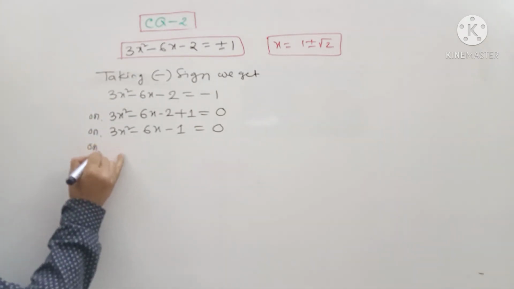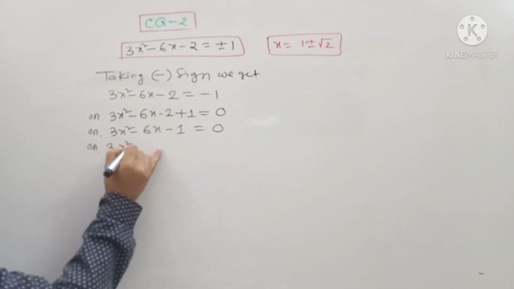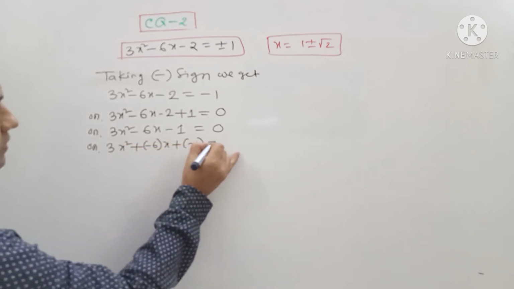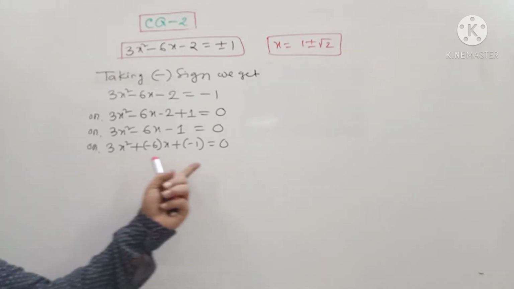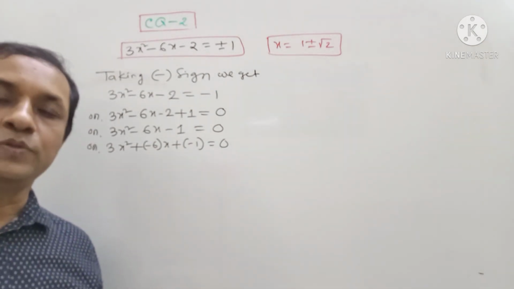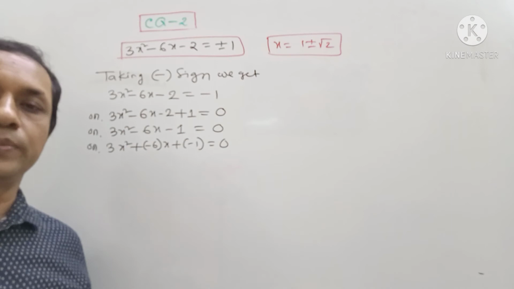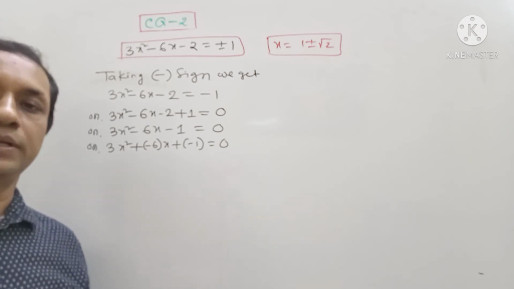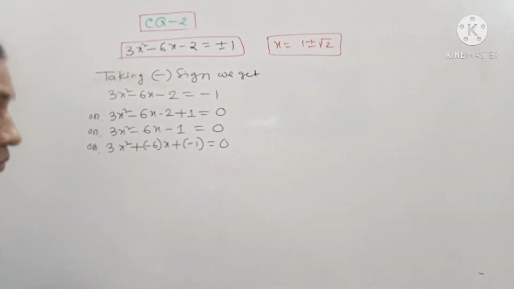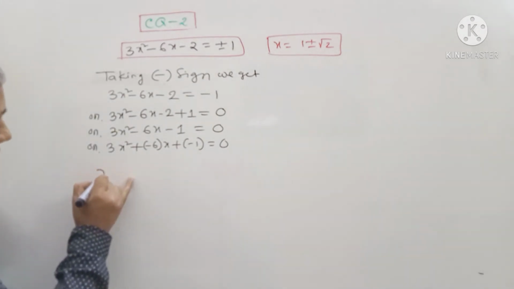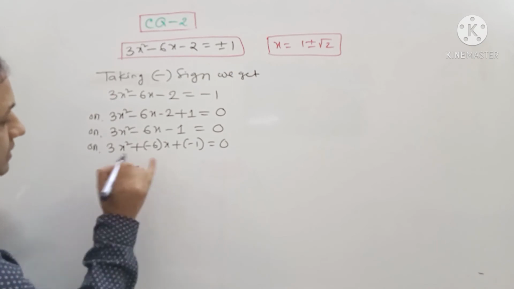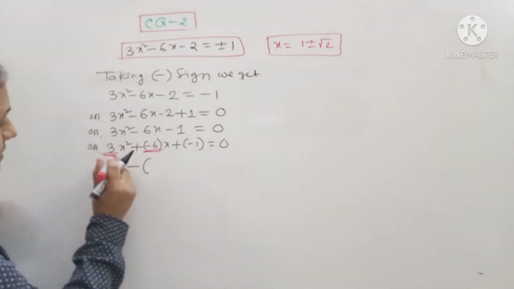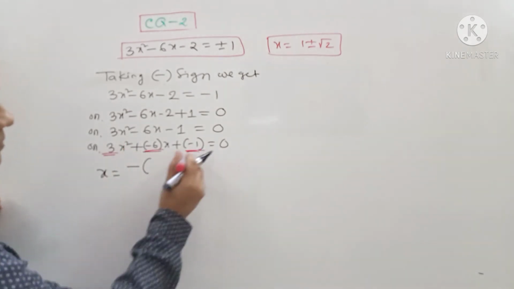So student, we can write this equation as 3x squared minus 6x minus 1 equals 0. This is a quadratic equation. So using the formula x equals minus b plus minus root over b squared minus 4ac by twice a, here b means minus 6, a is 3 and c is minus 1.